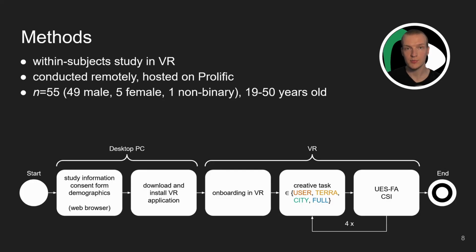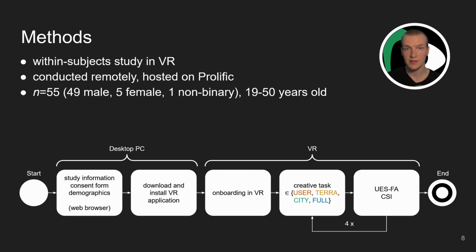We evaluated this prototype by conducting a within-subjects VR study that was hosted on Prolific, a participant recruitment service for remote studies. We had a total of 55 participants after cleaning up the data. The procedure is illustrated on this flowchart at the bottom. First, participants were redirected from Prolific to the site where the study was hosted.